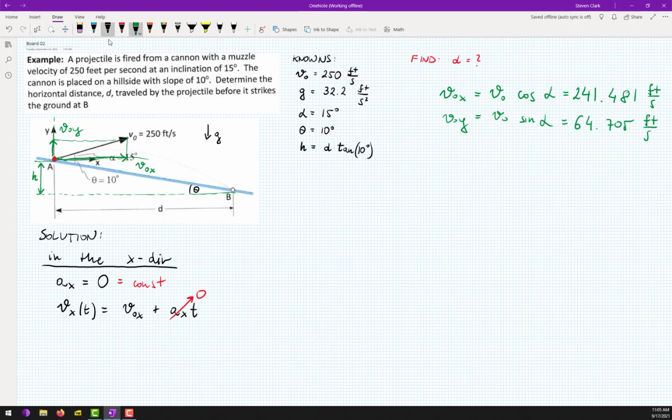Great. So our vx of t is constant, equal to v0x, which is 241.481 feet per second. This is our expression for velocity.